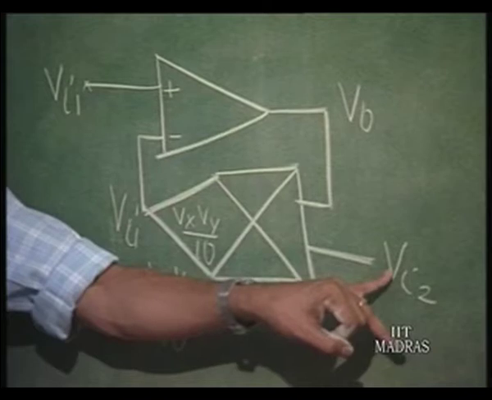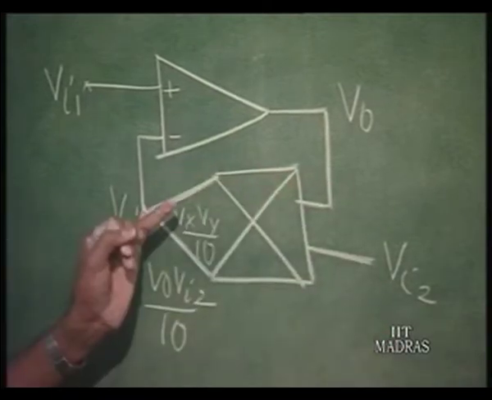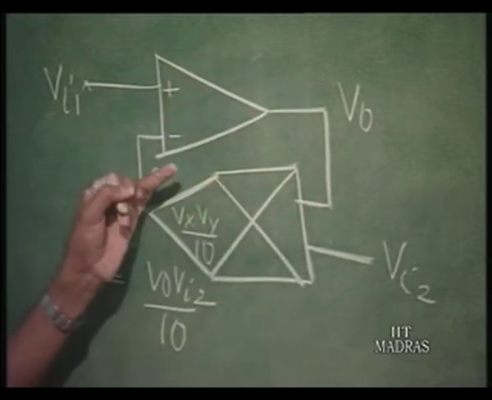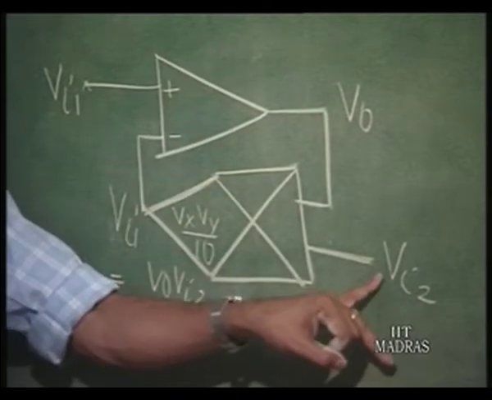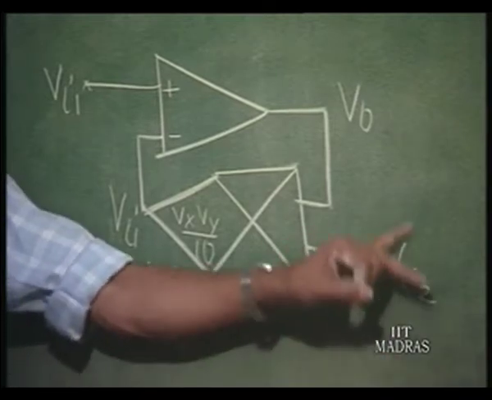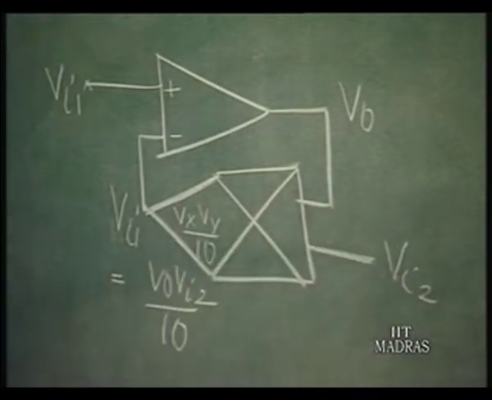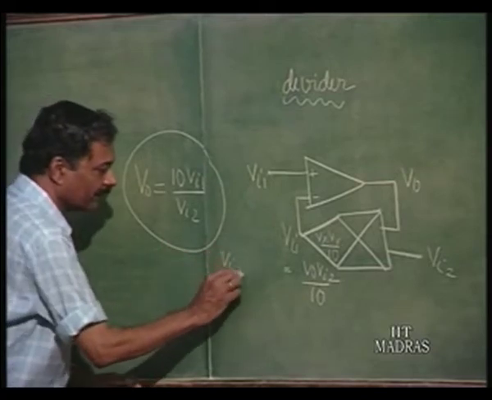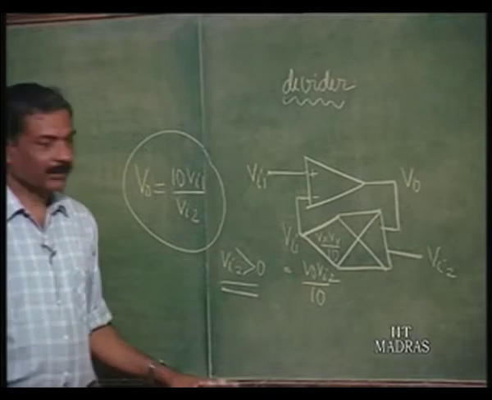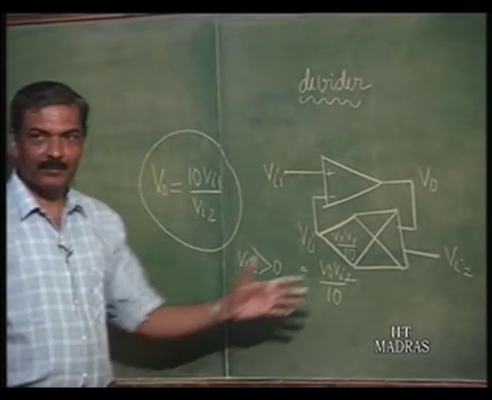If this control voltage is negative, it will act as an inverting amplifier, and the feedback will become positive feedback. So, this is valid as long as V I 2 is positive. This particular thing is working satisfactorily for V I 2 greater than 0. Okay. Is that point understood?